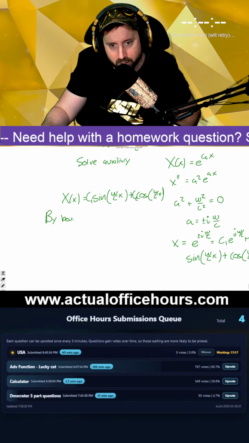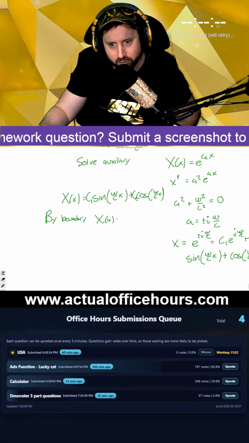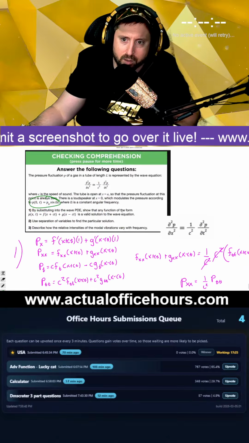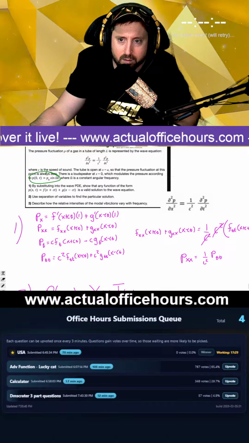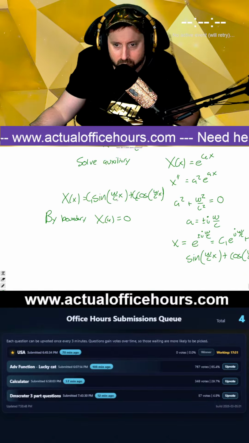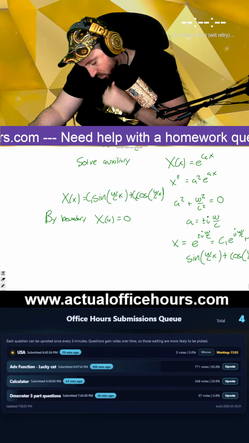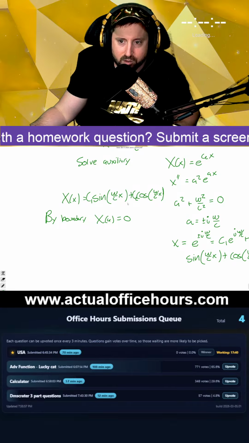So by boundary, X of a has to be equal to 0, right? That's what we said. And then our P of 0 comma t has to be equal to p naught sine omega t as well.